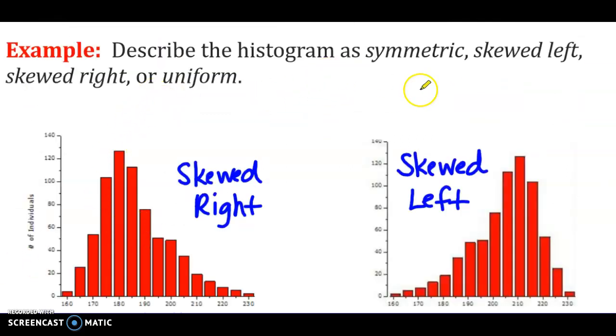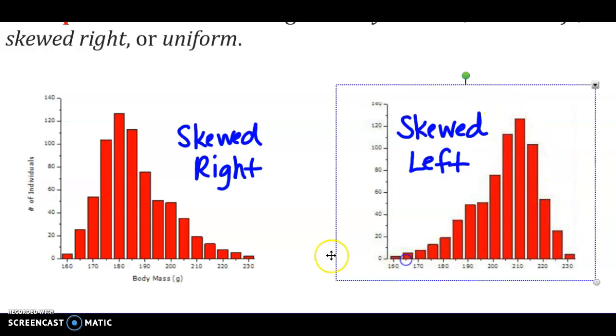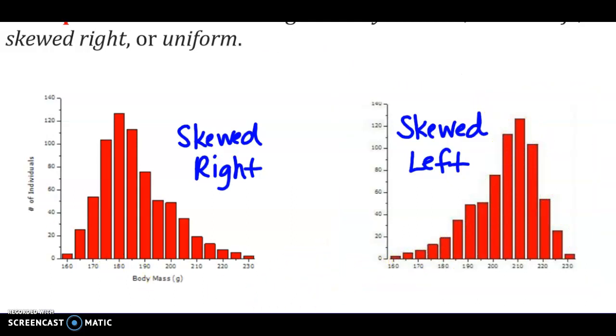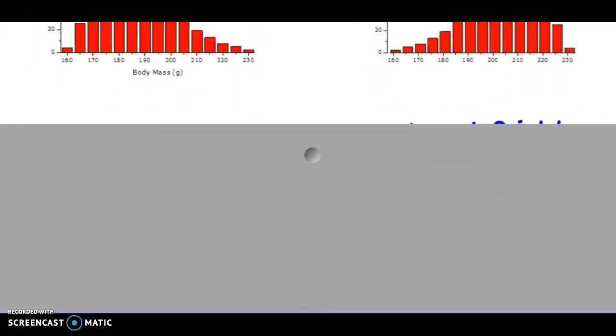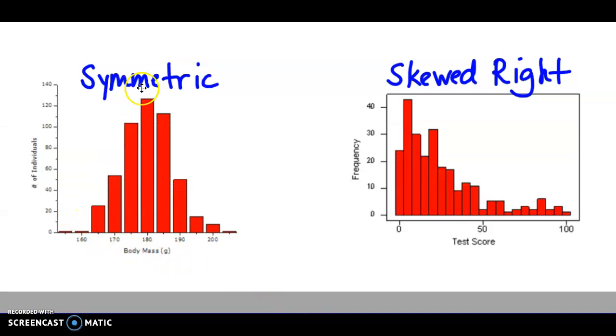Okay, symmetric, skewed left, skewed right, or uniform. I'm assuming for those of you that have pre-printed this, you're going to say, well, this is pretty obvious. I've got an obvious tail here, so it's skewed right. Here, okay, yeah, it's unimodal, but once again, I've got a tail there, so it's going to pull it to the left. Let's take a look at another couple of examples. Here, they're pretty much even.